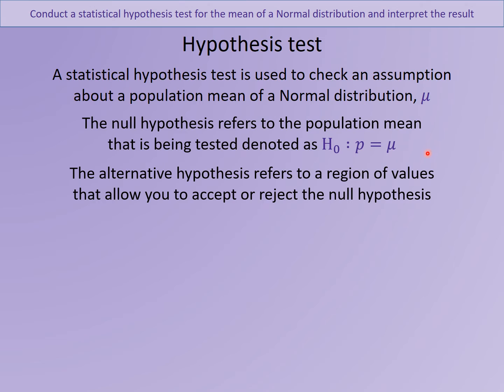An alternative hypothesis refers to the region of values that will either accept or reject the null hypothesis. And the same as before, it could be greater than the mean, it could be less than the mean, or it could be that you're just not happy with what the mean is, and it could be either greater or less than. Okay, you just don't think it's right. So in that previous case, you could be thinking, my phone runs out a lot earlier than 1080, so therefore you think it's below the mean.